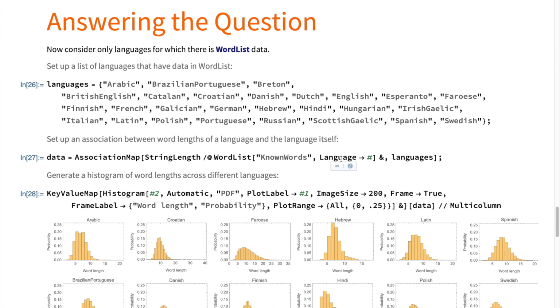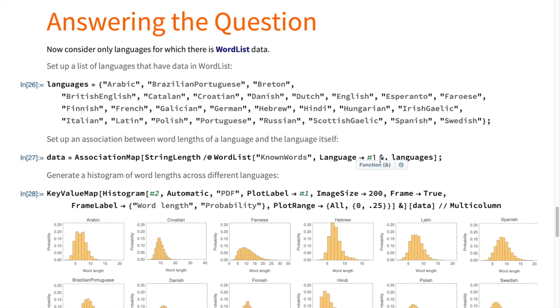I'm using WordList here and indicating that I want the known words for a particular language. After applying the association map function, this hashtag will be successively replaced with the strings in my list languages, giving us the corresponding distribution of word lengths in each language.